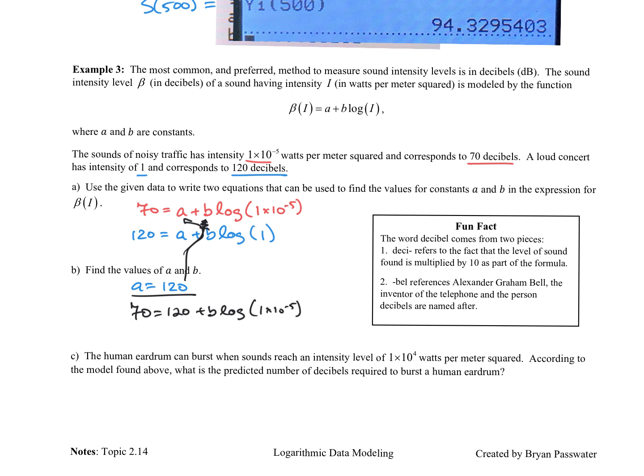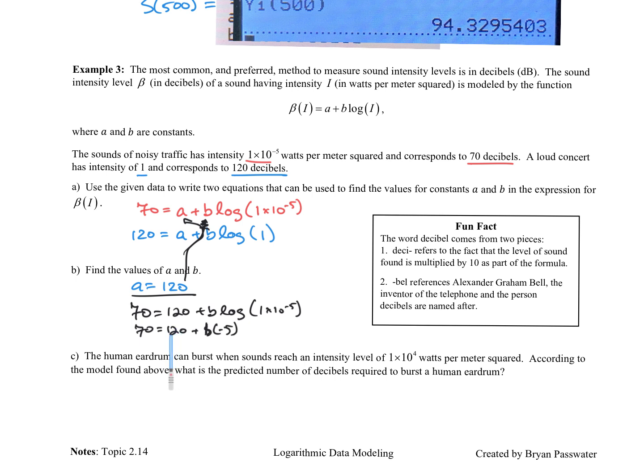And so again, what's this base? Base 10. So it would be 10 to the power of what gives me 10 to the negative fifth? So this is negative 5. And so now I'd end up with 70 is equal to 120 plus B times negative 5.